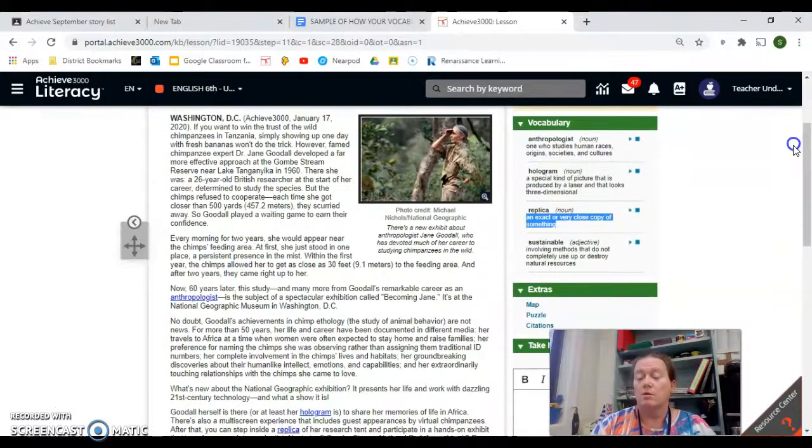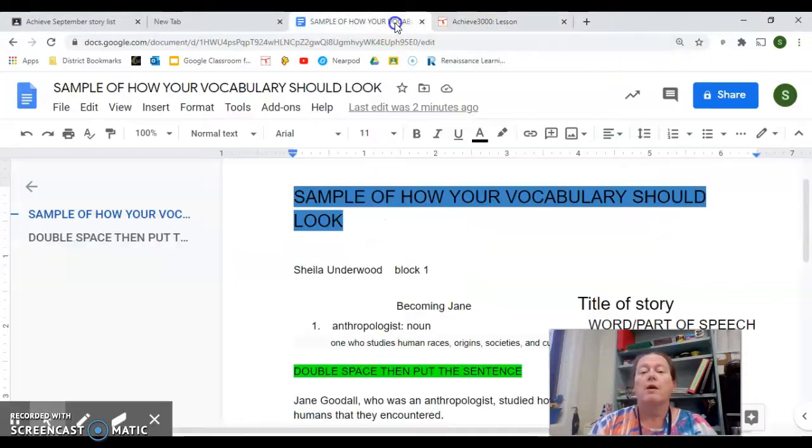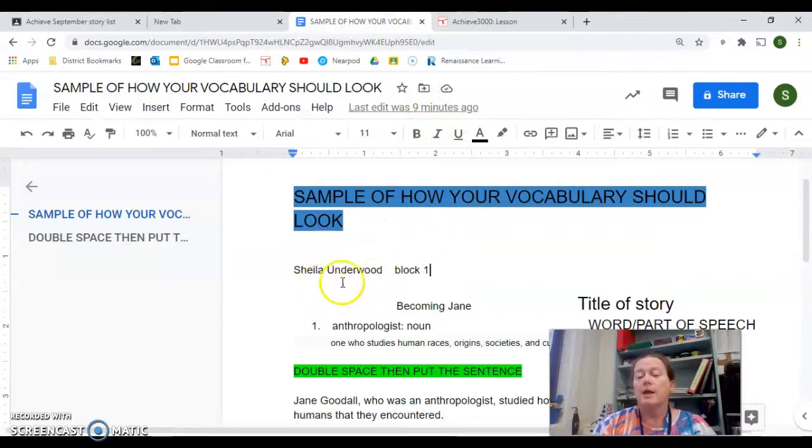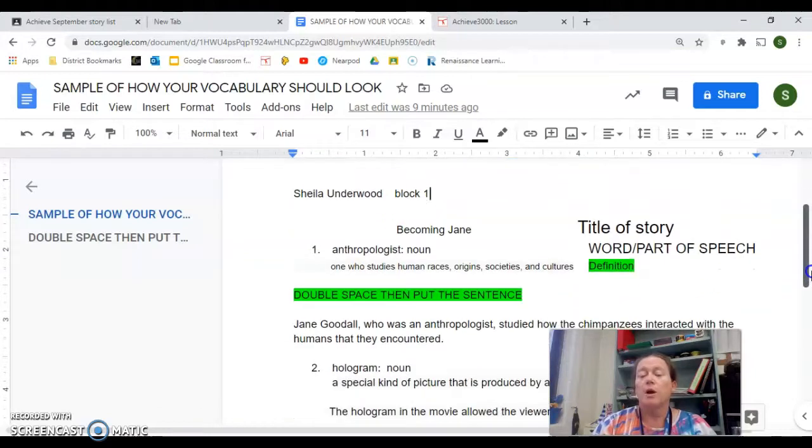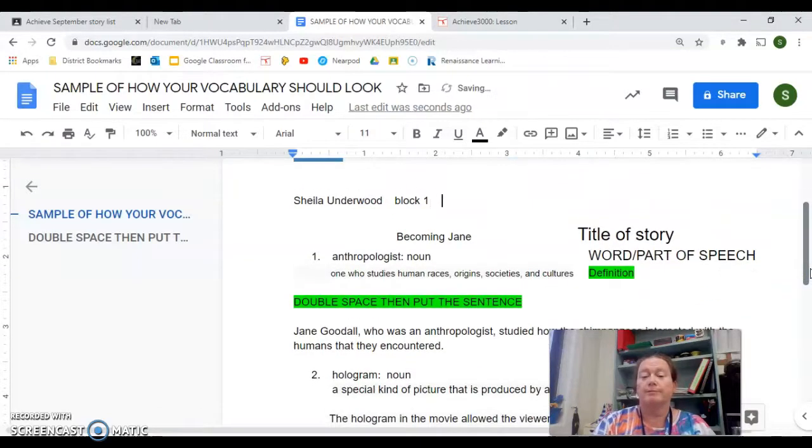So my vocabulary for the week of the 21st will be coming from Becoming Jane, because the 2 stories were Becoming Jane and the Brumbleys. So how it's going to look is you're going to have your name and the block number, and you probably should have the date for what week it is.